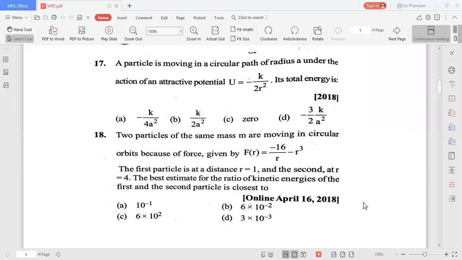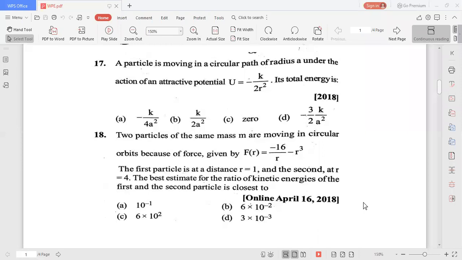How many times does 272 go into it? Approximately 17 means you multiply with 6. 6 twos are 12, 6 sevens are 42, 6 twos are 12, 16, 32. Suppose if you take 7 times, it is greater than this one. That's why approximately you will get 6 times. Therefore we can write 6 into 10 to the power of minus 2. So the answer is 6 into 10 to the power of minus 2 approximately.